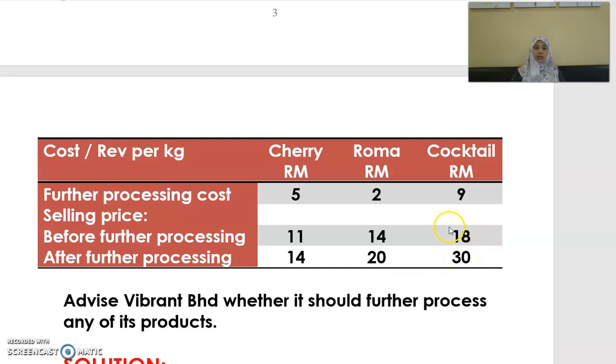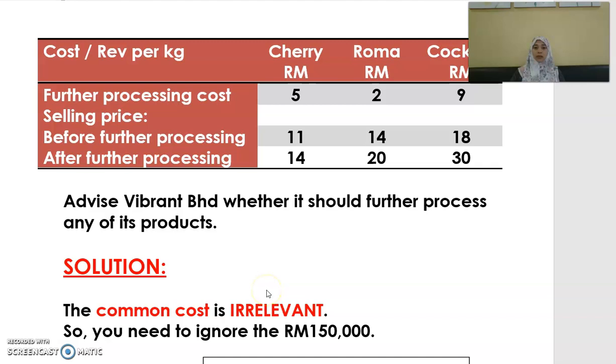For cocktail, the selling price is 18 before further processing, and after further processing, the selling price will be 30. You are required to advise whether it should further process any of its products.